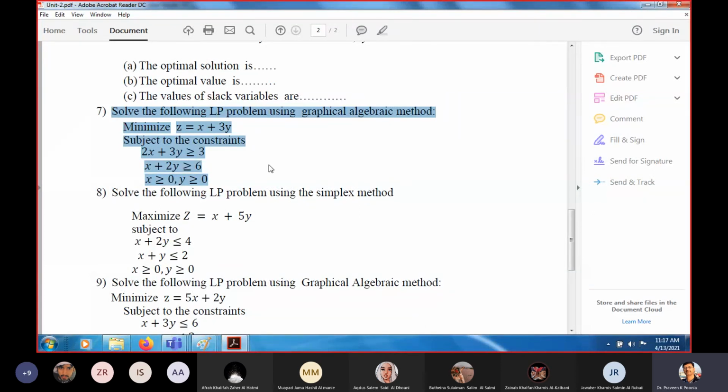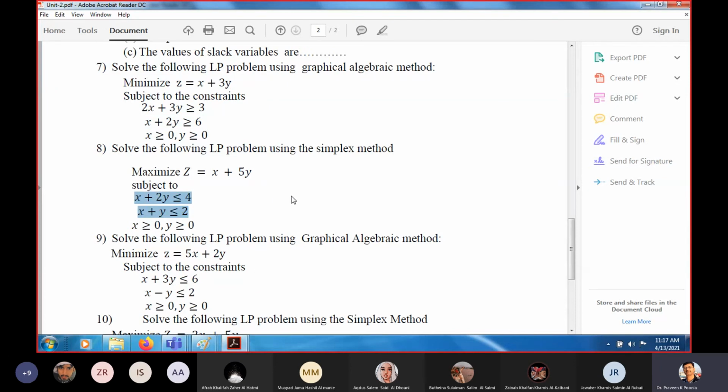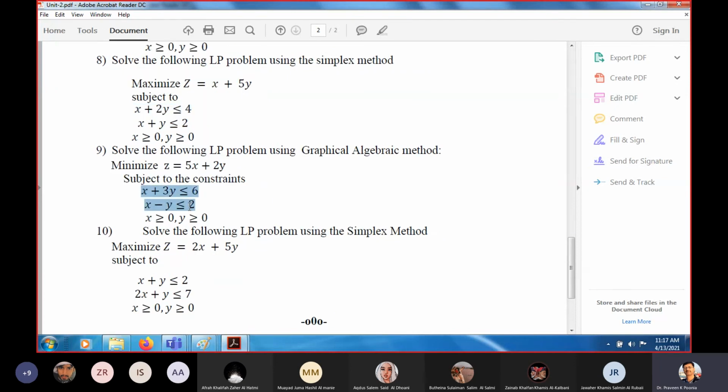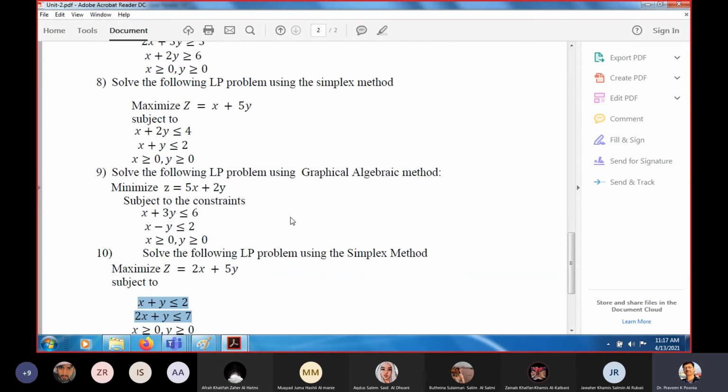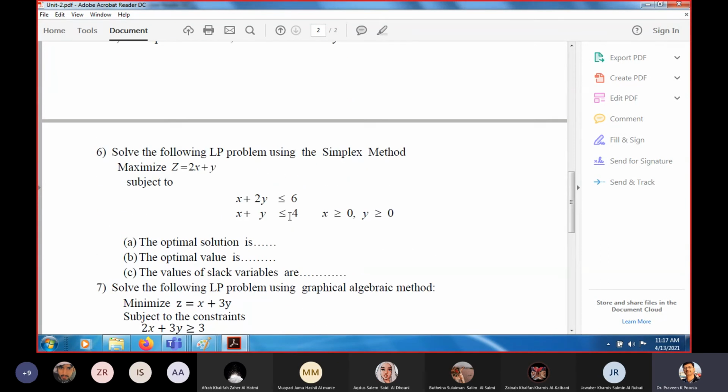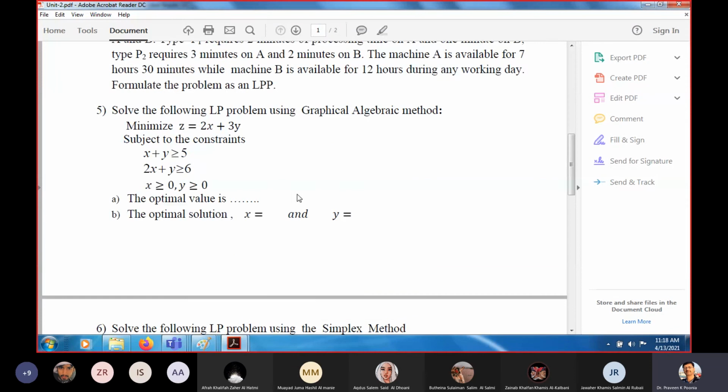How many basic solutions are possible here? Because my dear friends, only two constraints. So there will be 6 basic solutions. Clear? Here also 2 constraints, 6 answer. 2 constraints, 6. By chance, if 2 constraints are there, there will be 6 basic solutions.